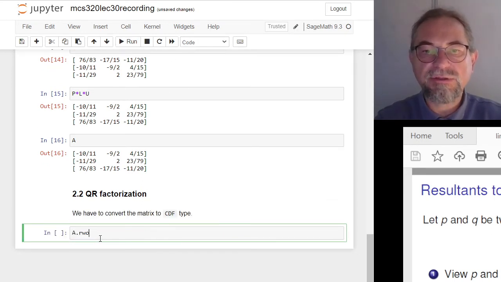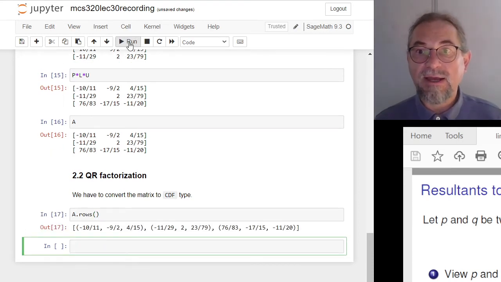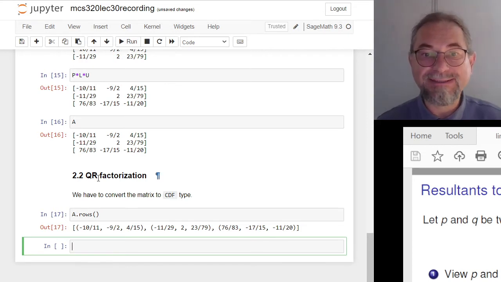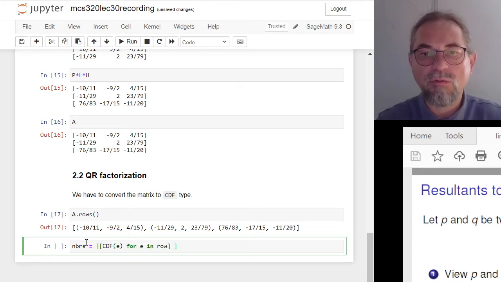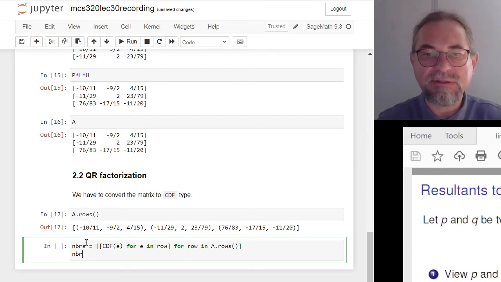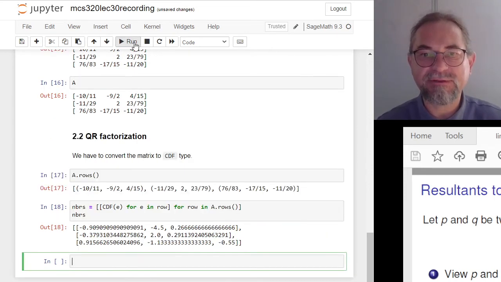Well, I can select all the rows of this matrix. And what I will do is build a list of lists with numbers. On every number, call it e, for e in a row, for all rows in A dot rows. I practiced this and I'm quite confident that this will work.